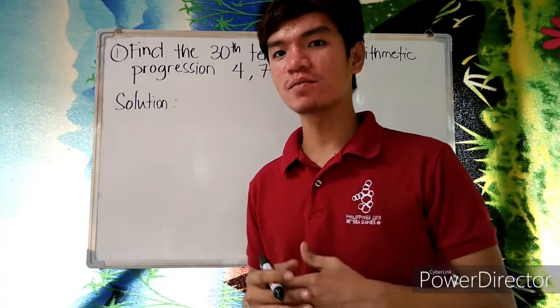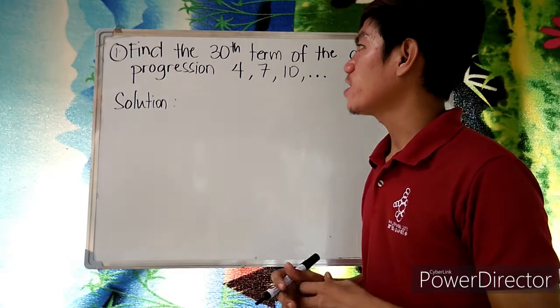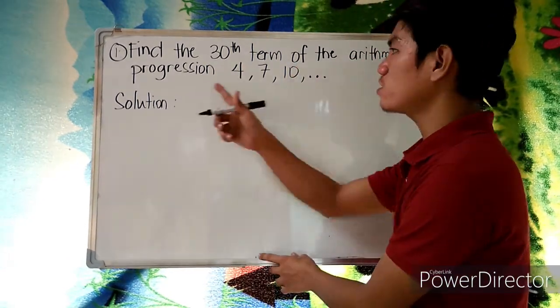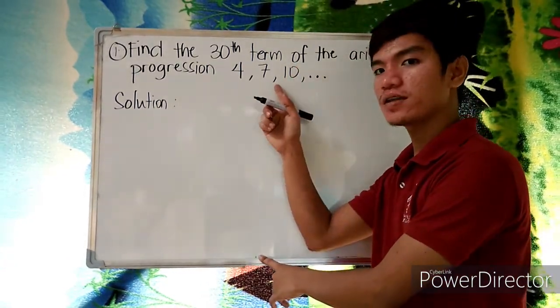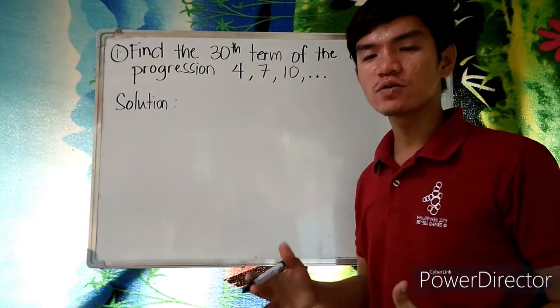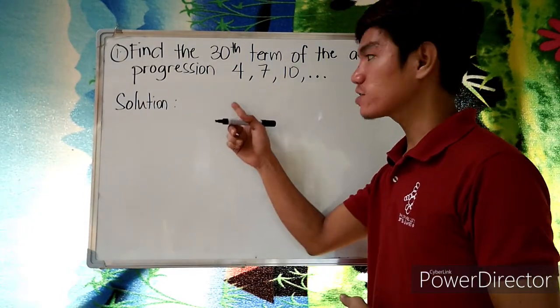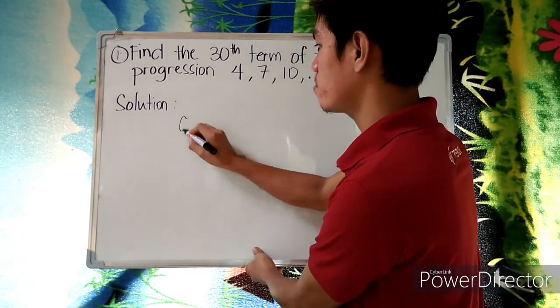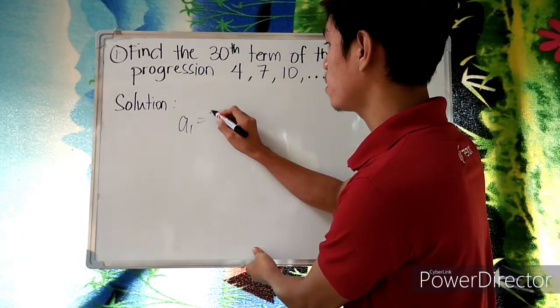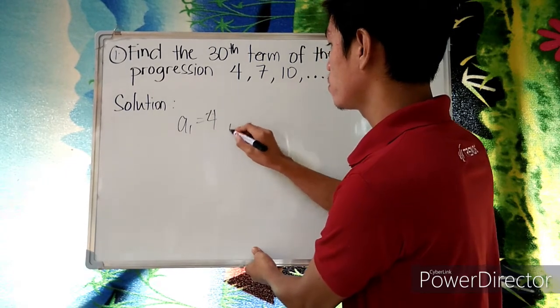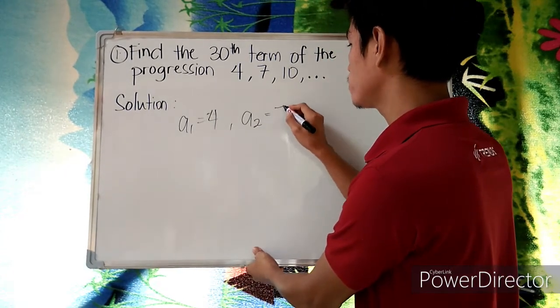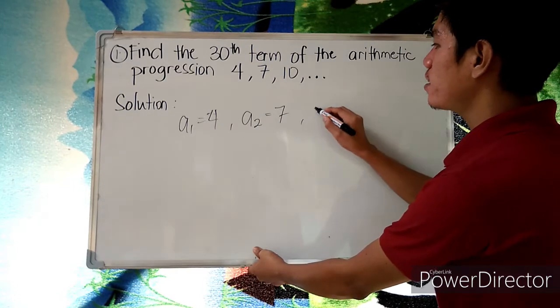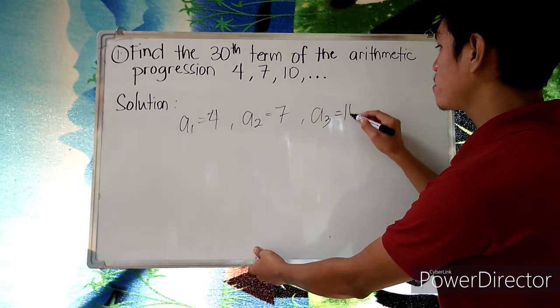Let's proceed to our example number 1. Find the 30th term of the arithmetic progression 4, 7, 10. So ano daw yung 30th term dito sa sequence na to. For our solution, a sub 1 is 4, a sub 2 is 7, a sub 3 is 10.